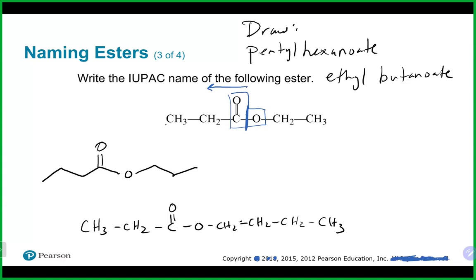So that is where you want to start: 1, 2, and 3. That is based off of propane, and because it is an ester, it's going to get the -oate ending. Going the other way will give you your alcohol, which is just named as a group. So that is a 2-carbon group there. So again, that is ethyl propanoate. Any questions on that one?